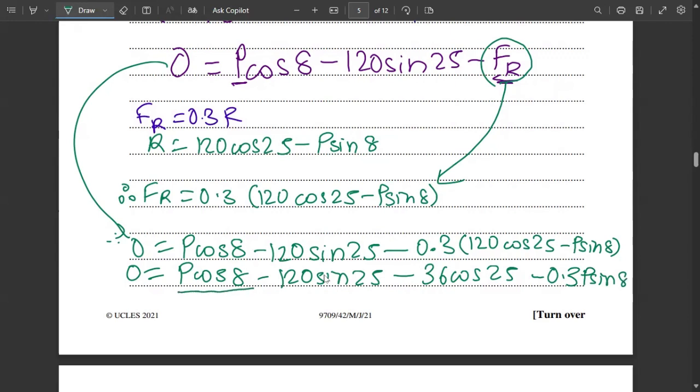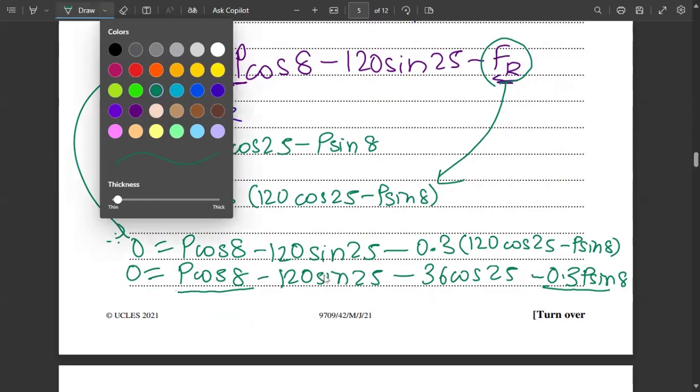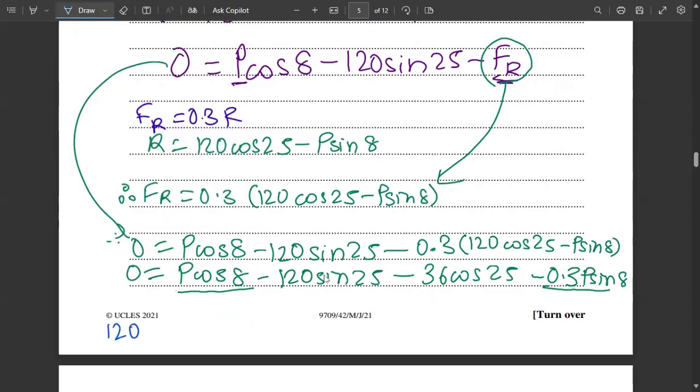So this P and this P will be here, and this will shift on the left side. So what we'll get is 120 sin 25 plus 36 cos 25 is equal to P cos 8 minus 0.3 P sin 8.